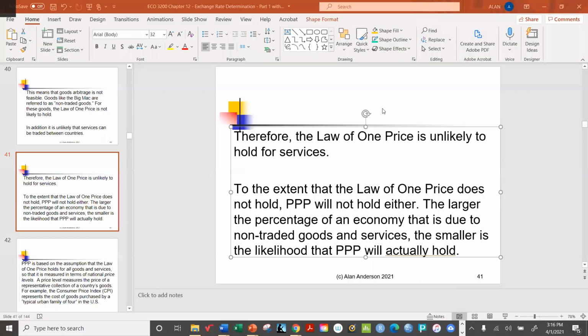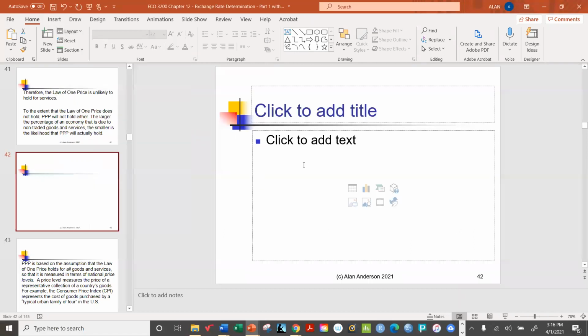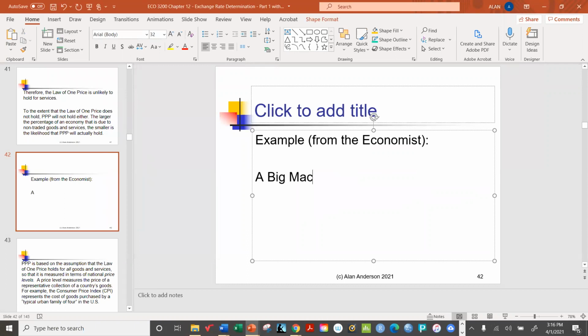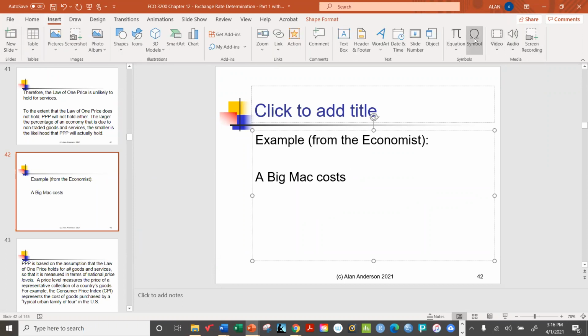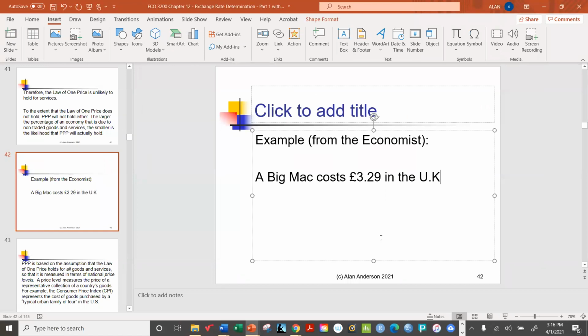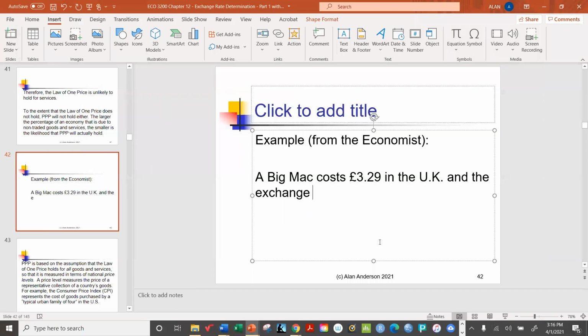The actual exchange rate, 0.74 in pounds per dollar, would represent $1.35 per pound.